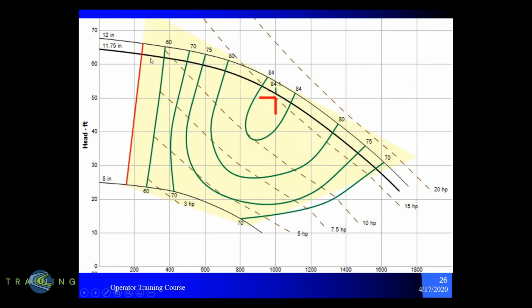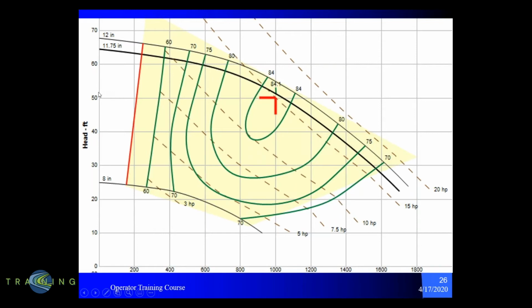So it's only dependent on the information that it sees with head. As you see here, on this specific curve, this impeller has been trimmed from 12 inches to 11.75 inches. So this darker curve here is the actual performance curve for the trimmed impeller. This pump will only operate somewhere on this curve.